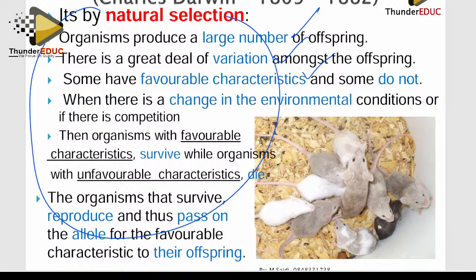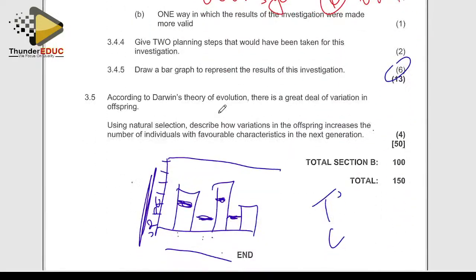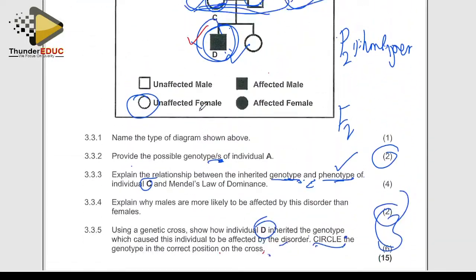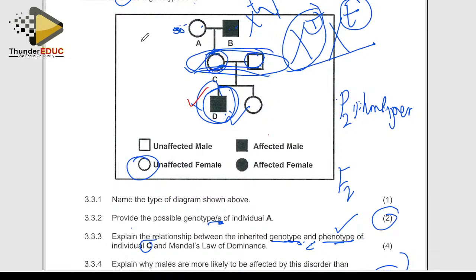It is supposed to start with the P1. Okay, Tando, you're saying read how C inherited the disorder. If you have a question, let me know.